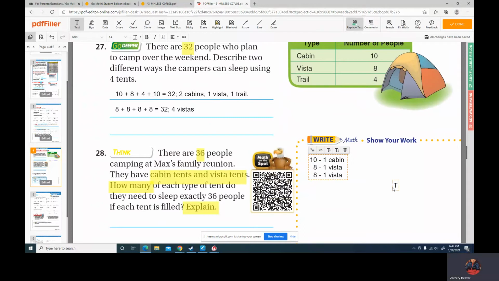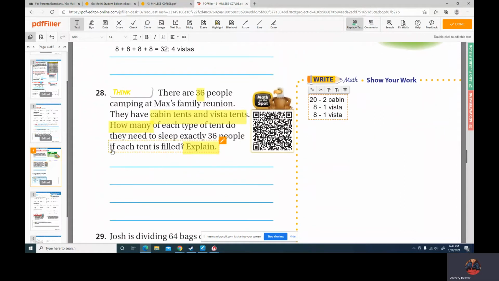So how do I get 26 to 36? I add another cabin. Now you guys don't have to write down where I'm doing it on here, but you do have to write this down. The family will need 2 cabins and 2 vistas. So in the equation, 10 plus 10 plus 8 plus 8 equals 36.